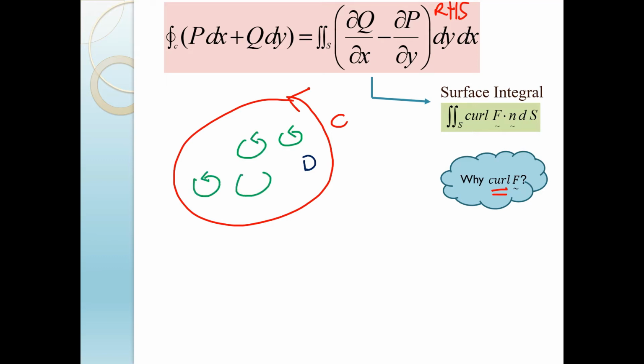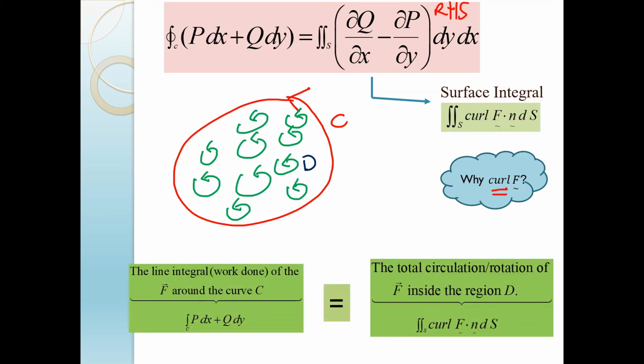So we have a lot of vectors inside this region. The total rotation, the total circulation of the vectors on this region is equivalent to the line integral of C, where C is the curve which bounds the region. Let me repeat. The line integral of C is equivalent to the total circulation or the total rotation of the vector F inside the region D.